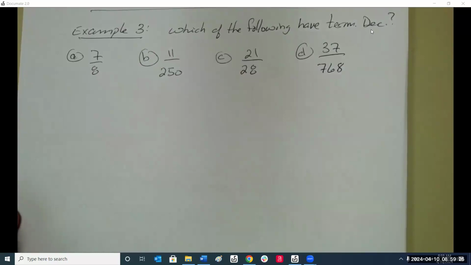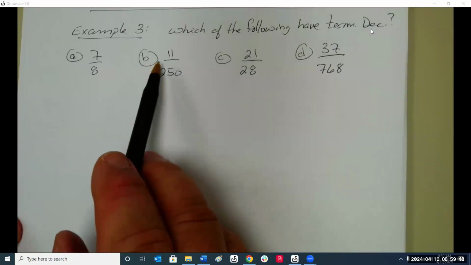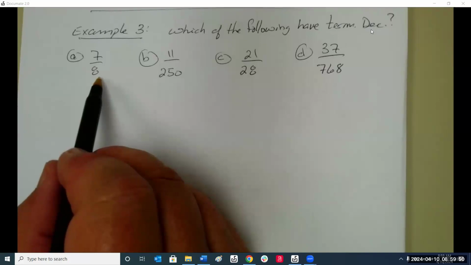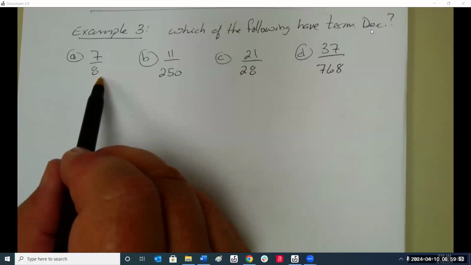Is the first one a terminating decimal? Before you work these out, let's take a guess, just by looking at them, without working anything out. Is the first one terminating? Yes or no?